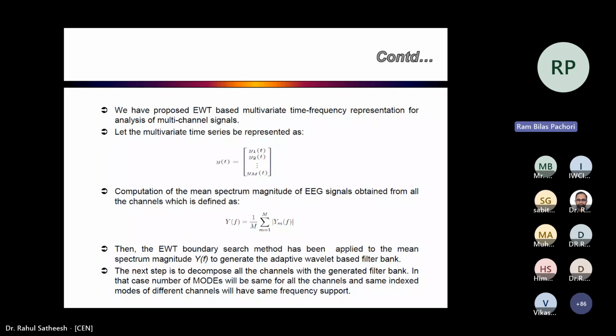That same average spectrum can be applied to individual channels, so that the number of IMFs will be the same. In that way we decompose EEG signals from all channels using the designed filter banks and wavelets from this average Fourier spectrum, and then for each mode of all channels we determine instantaneous amplitude and frequency. Next slide, please.